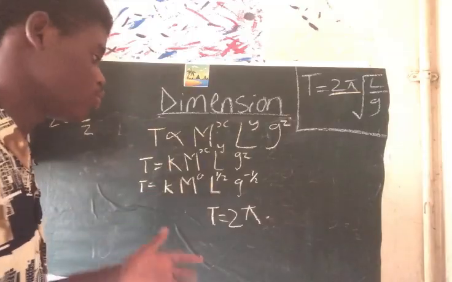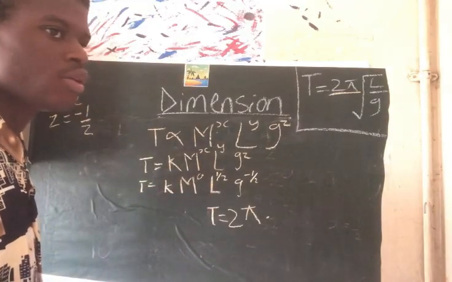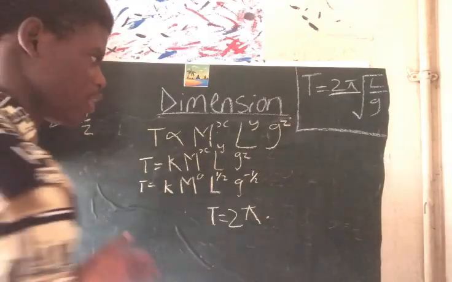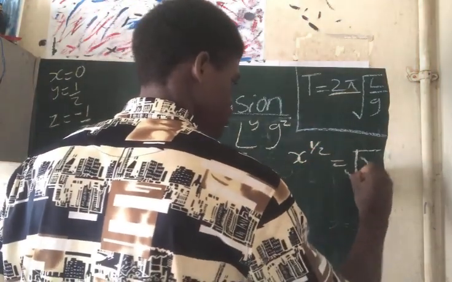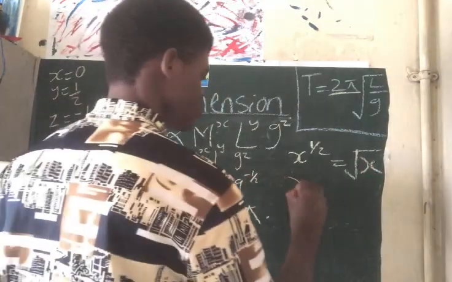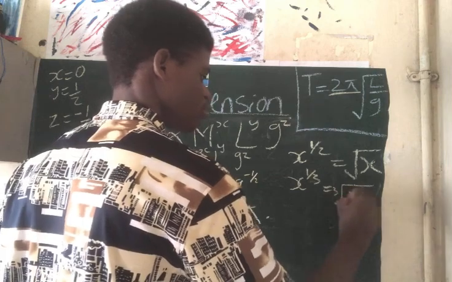So M raised to power 0 is 1. No need to write the 1. L raised to power half is square root, because x raised to power half is the square root of x, right? X raised to power 1 over 3 is equal to the cube root of x.